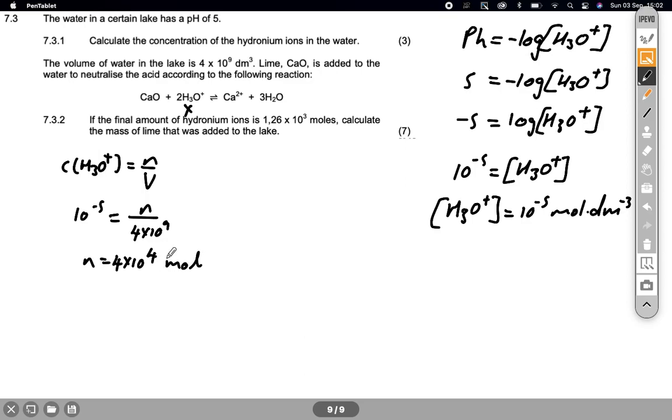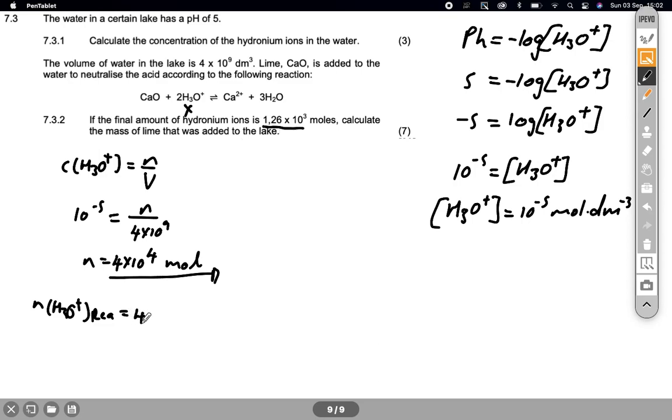So these are the number of moles which we had initially. Now we have to find the number of moles which reacted. So the number of moles of hydronium ions which reacted equals the initial number of moles minus the final number.